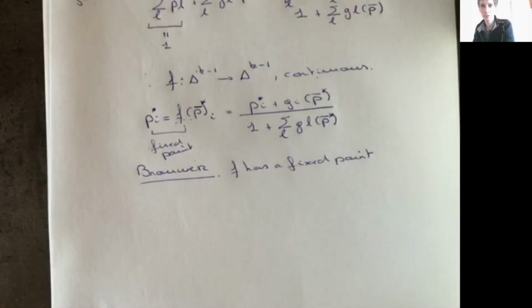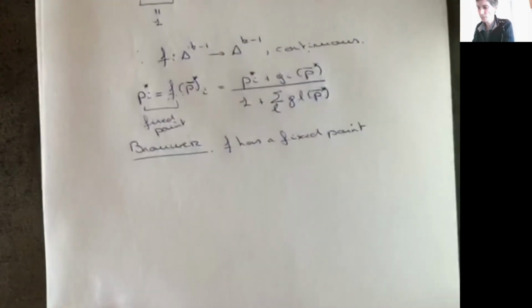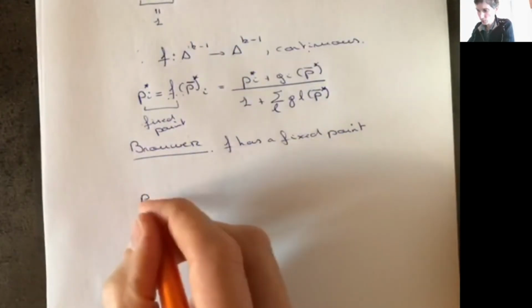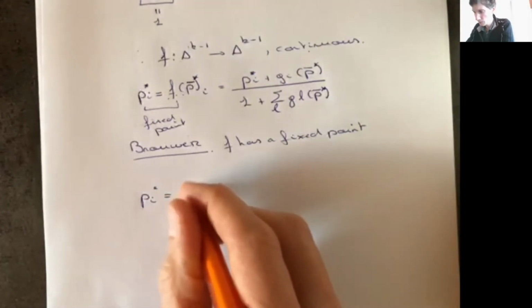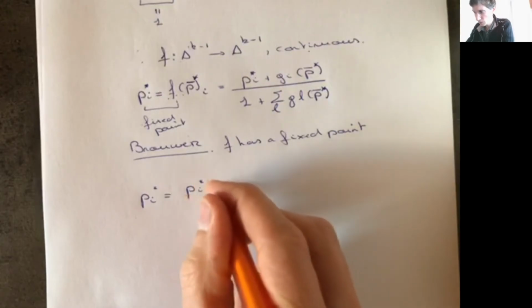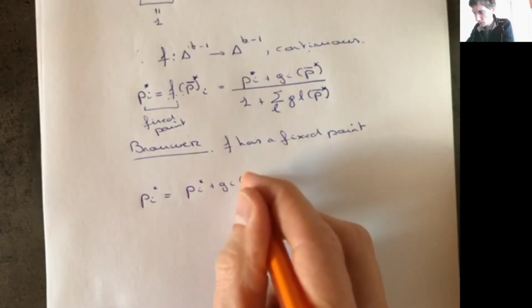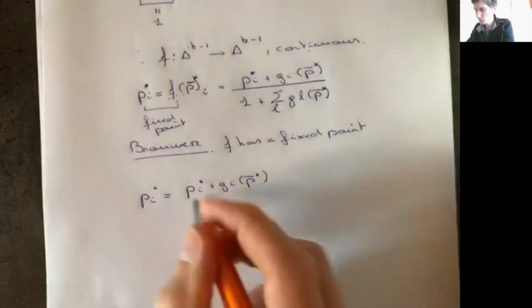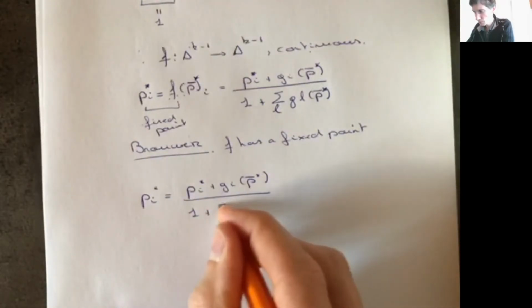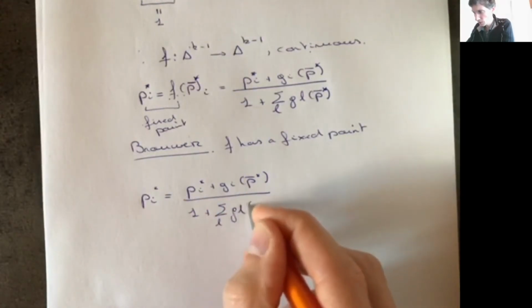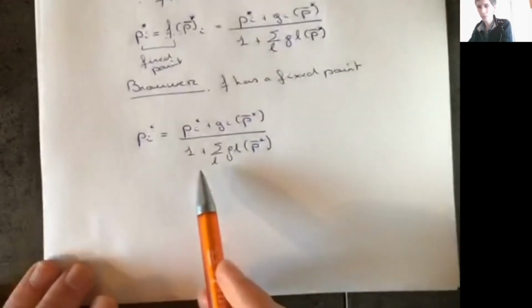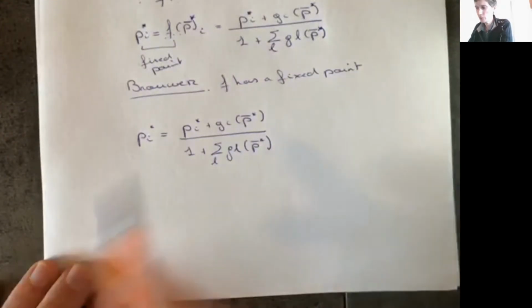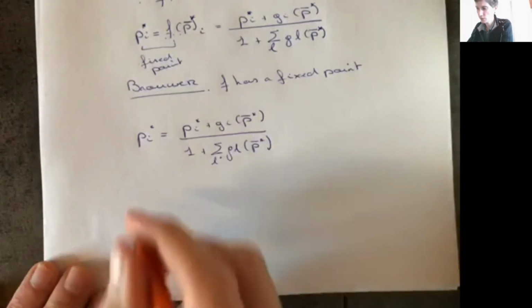We have our fixed point price. So for all goods, you have that p_i star is equal to (p_i star plus g_i at this p star) divided by 1 plus the sum of g_l at p star. So what can we do with this equation? Well, we can bring the denominator to the other side.